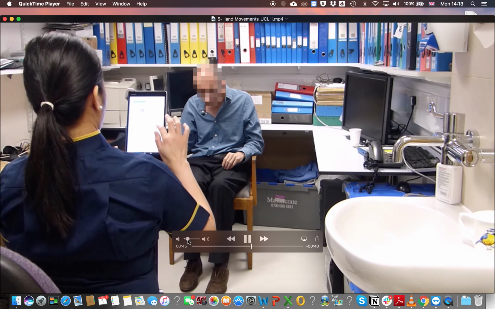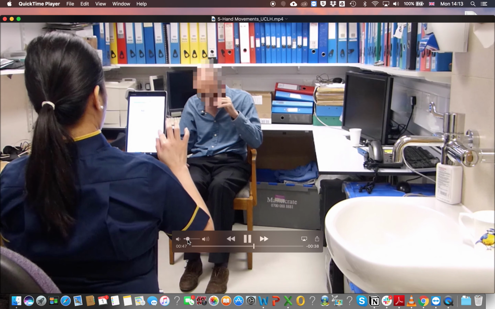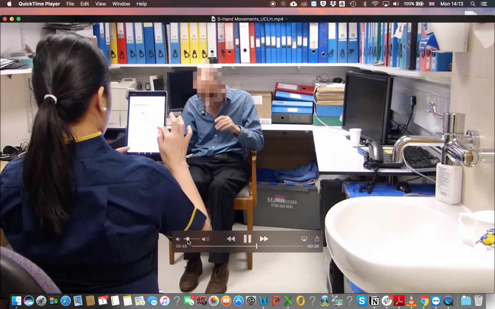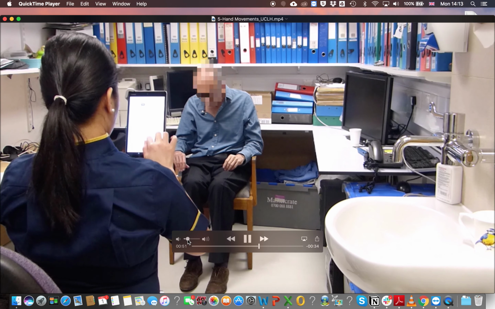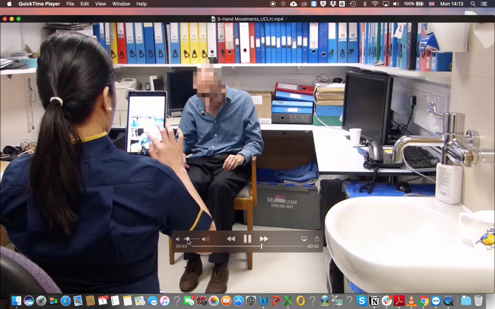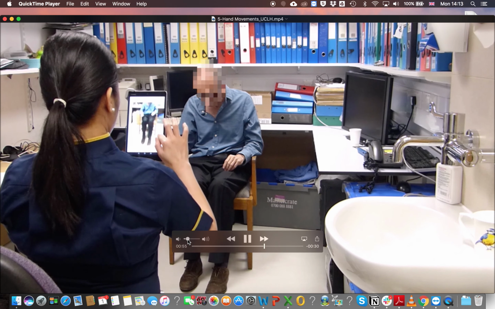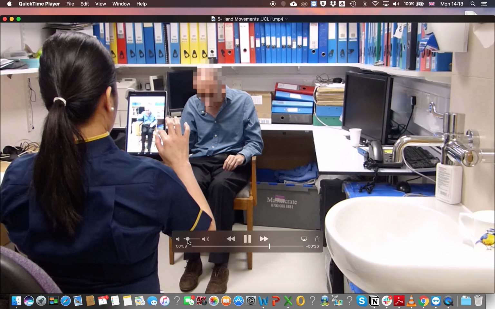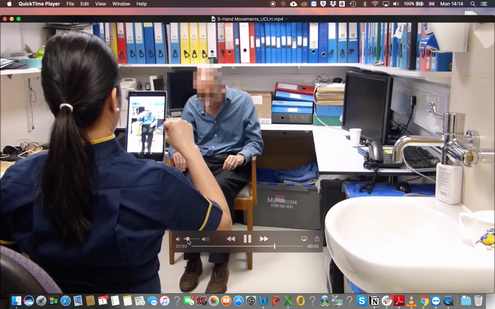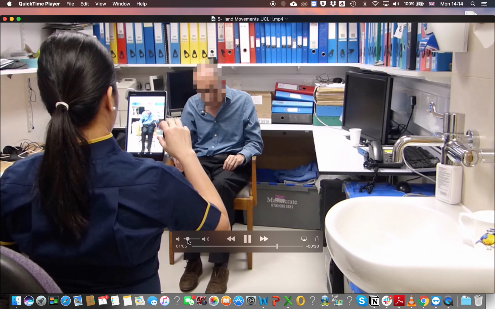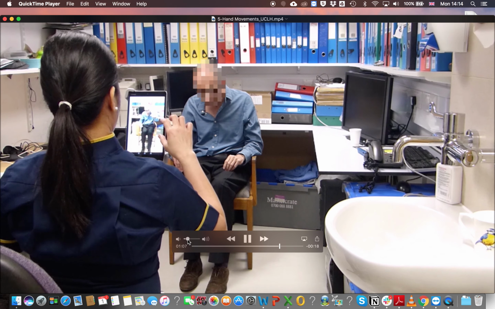So she's now watching the patient for the third time before she does the score. But you find that she hesitates, and then she goes down to the instructions, refreshes her memory as to what the particular criteria are, and then goes back and watches the video one more time. So for a fourth time, and only then does she go down and score the patient.